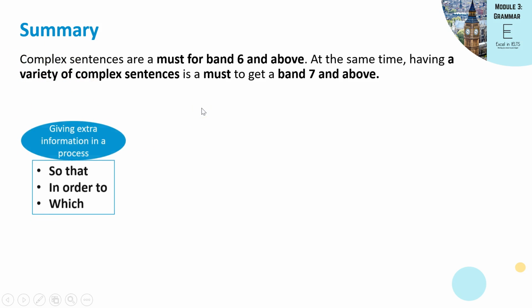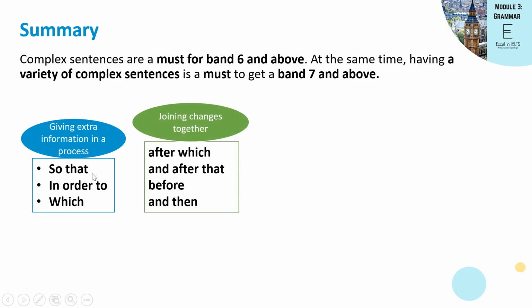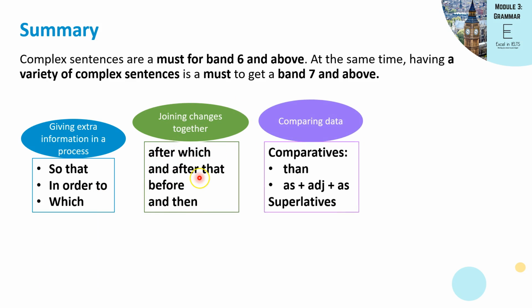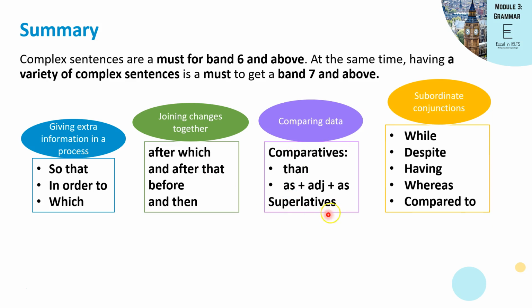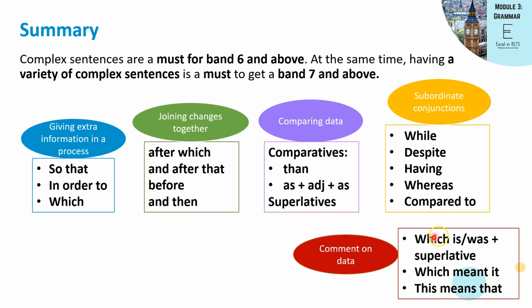So in the previous lessons, we've learned how you can give extra information using these, which give you complex sentences, how to join two or three different changes together using these, how to compare data using comparatives and superlatives, as well as subordinating conjunctions, and how to comment on data using these.